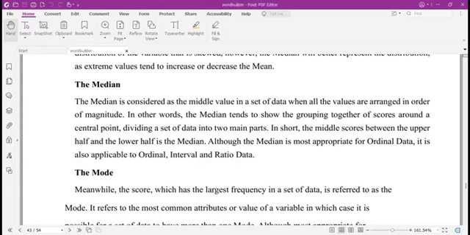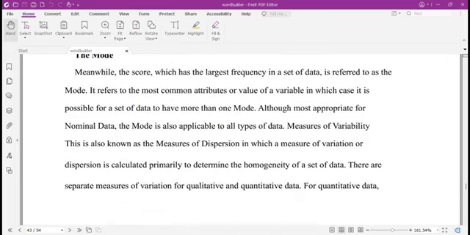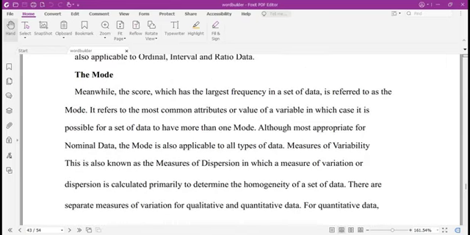We move to the next one, which is the mode. The score which has the largest frequency in a set of data is referred to as the mode.